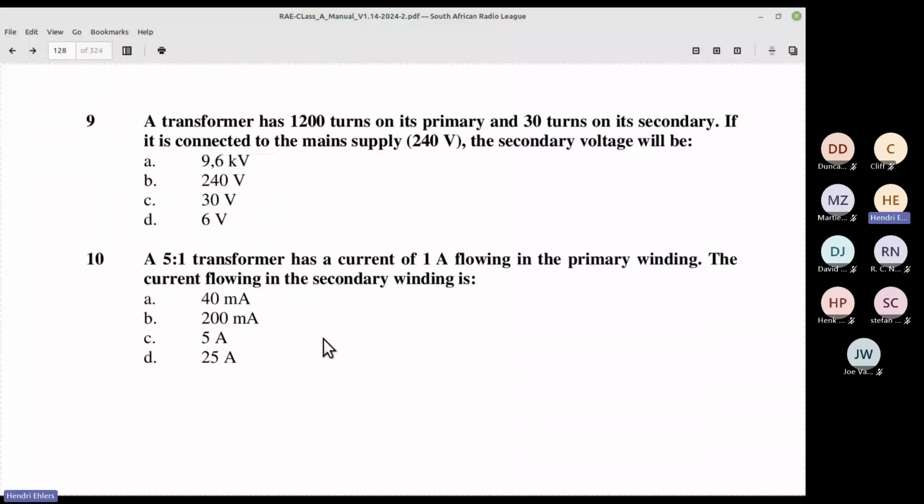Right, and now with this one, it's important to first get the ratio.